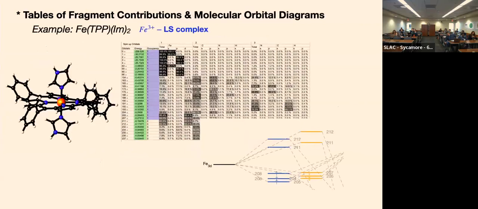One can obtain a table like this, which basically tells us, for each molecular orbital, what the percentage of each fragment is. Having a table like this is quite nice to know if your calculation is right or needs some sort of improvement, or to get information directly from your calculation.